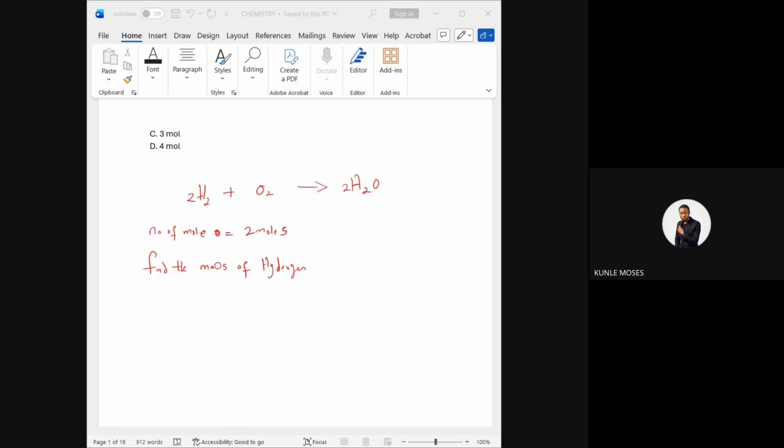Find the mass. Gift, the mass. Easy said 8 gram. Confidence, Akinwale, Suzanne. 8 gram.